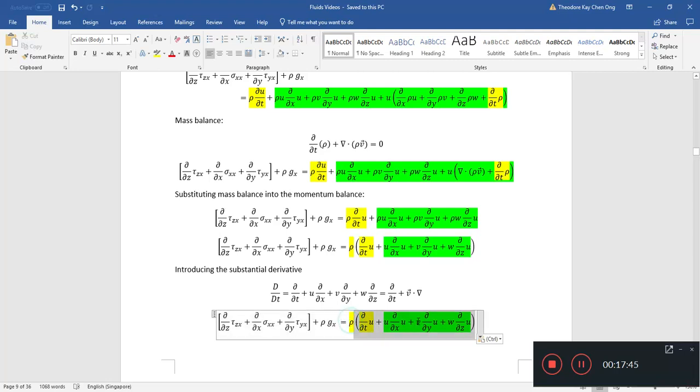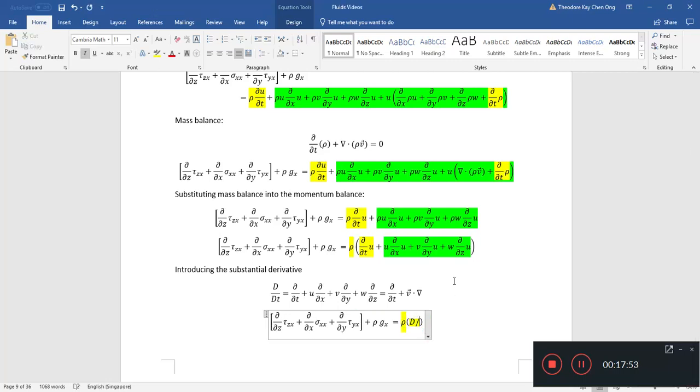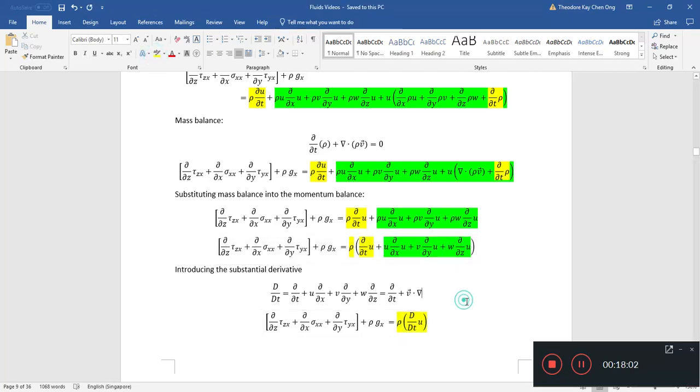So we can just replace the entire right hand side with this, as long as we remember what this substantial derivative is: u. So I'll just highlight this in yellow. So we have converted this whole thing into this. So this is the x direction momentum balance.